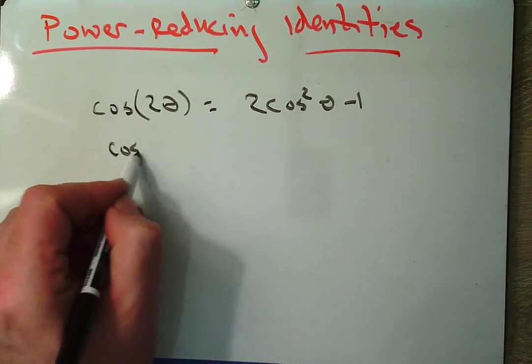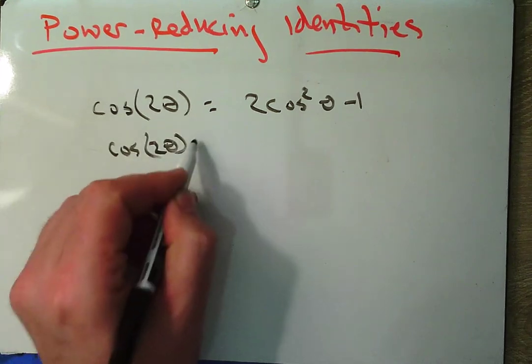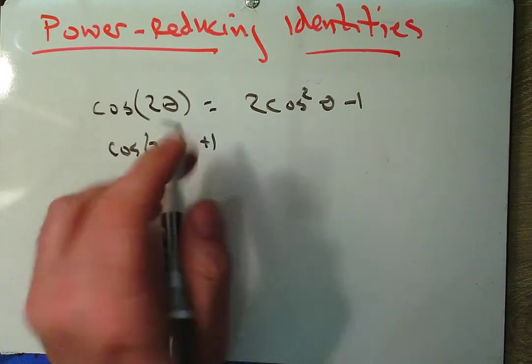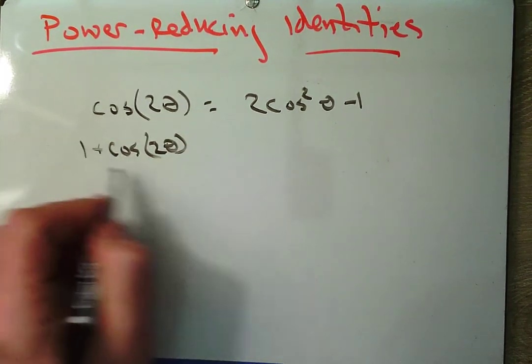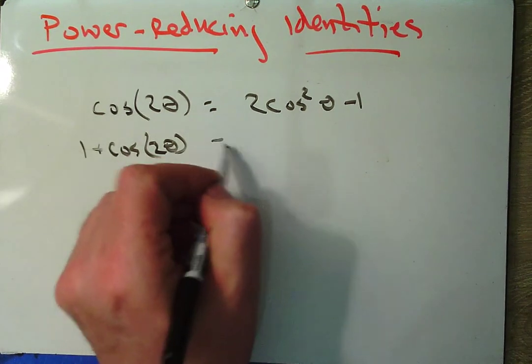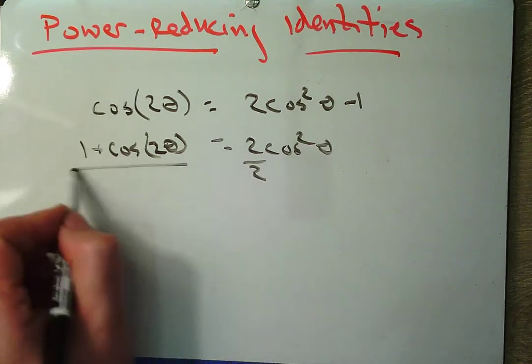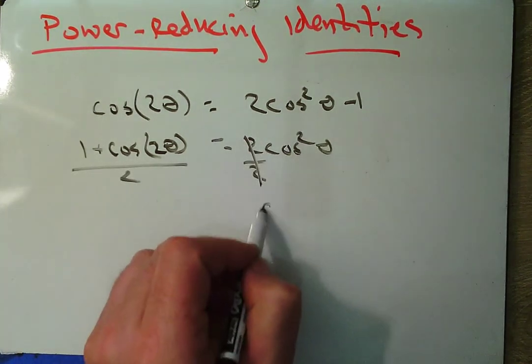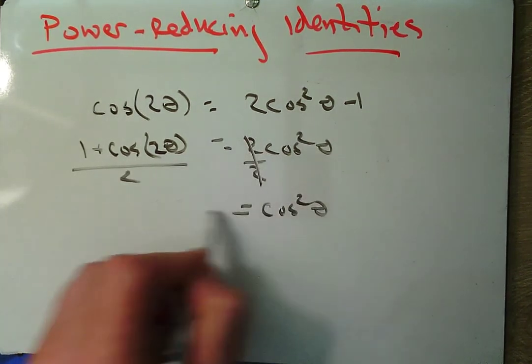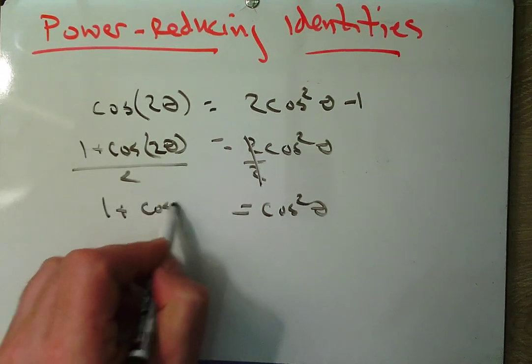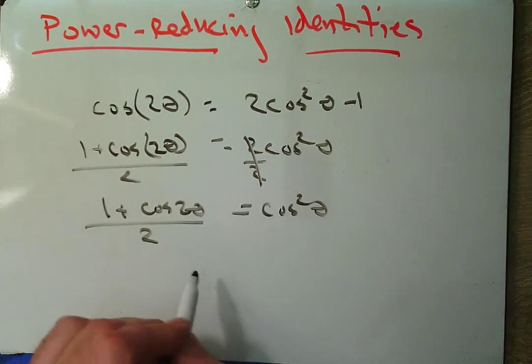Okay, so I'll have cosine 2 theta plus 1, actually, we see the plus 1 in front, equals 2 cosine squared theta. And now divide both sides by 2. So cosine squared theta equals 1 plus cosine 2 theta over 2.